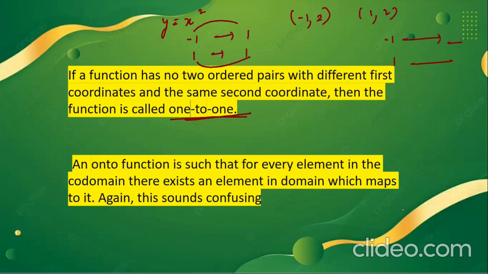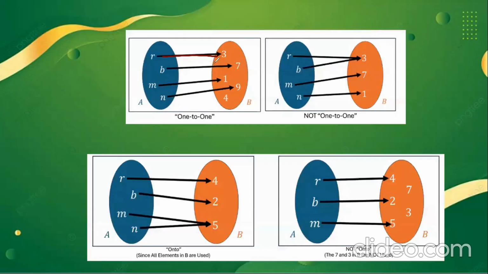For example, let's say we have this. Kindly watch it here. If we see the first one, R is connected with 3, B connected with 7, M with 1, N with 4, and N with 9. 4 is alone in set B, but we have to watch out for set A. For a one-to-one function, we just have to see the first coordinate, that a single input gives me a single output. Obviously, when you are putting in an input, you will get a single output only.